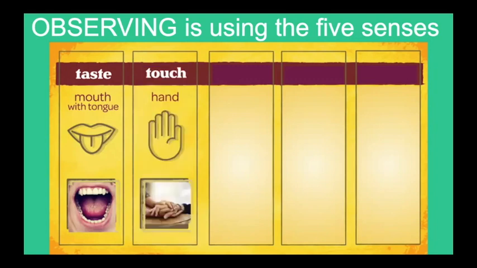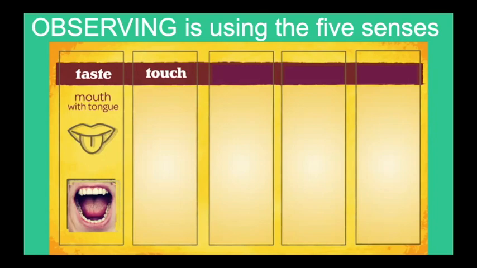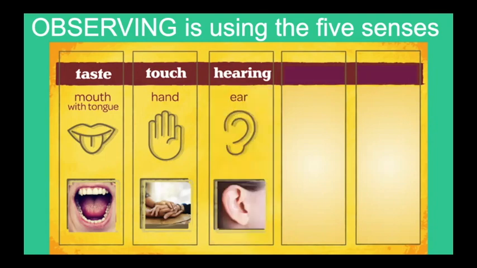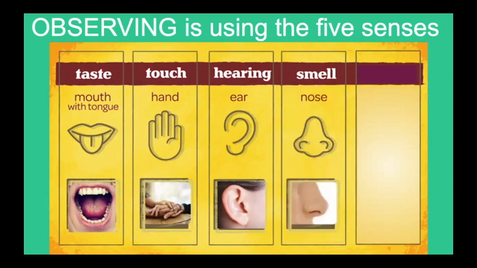For touch, we use hand, right? For hearing, what are we using for hearing? For hearing, we use ear. For smell, what do we use for smell? Great job. Nose. And what do we use for sight?